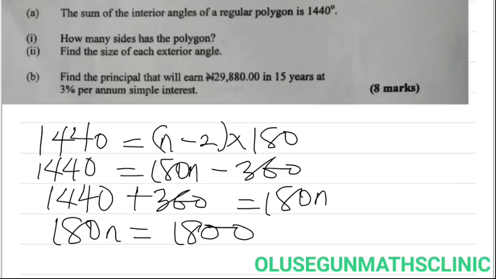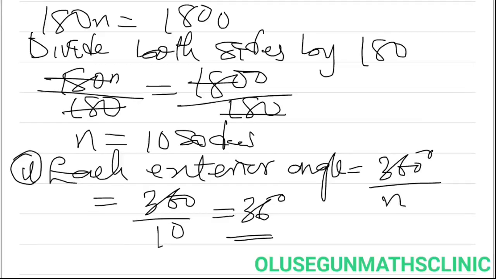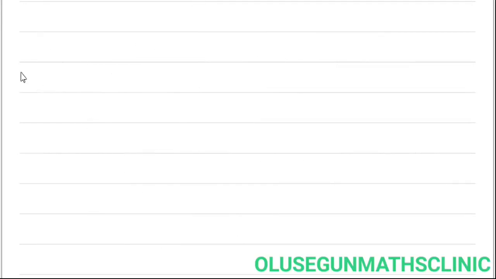The question proceeds to 2B. It says, find the principal that will earn 29,880 naira in 15 years at 3% per annum simple interest. Having a question like this, you just write out the given values.